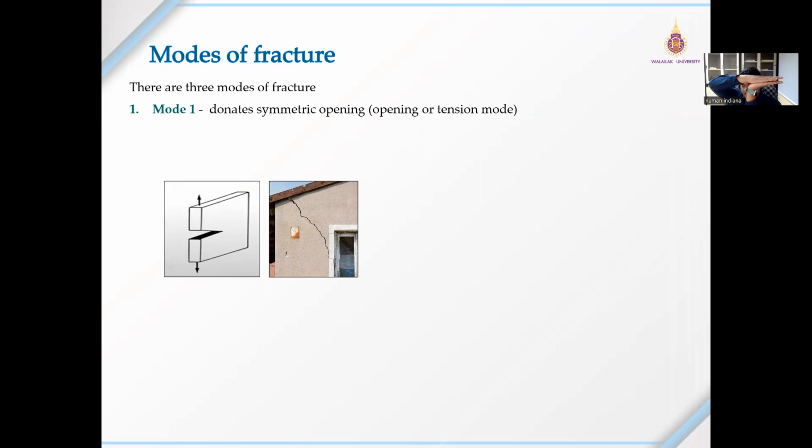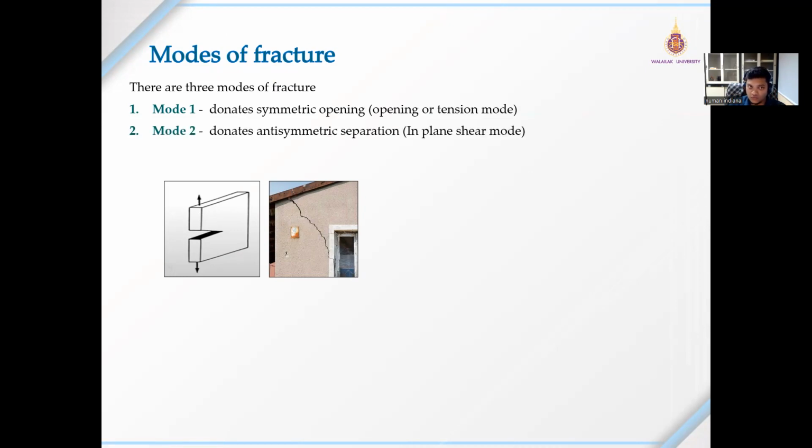If the crack appears, it will divide into two equal parts, so we call it a symmetric opening, as you can see in this picture. I think you have seen this in many structures. This is mode 1.